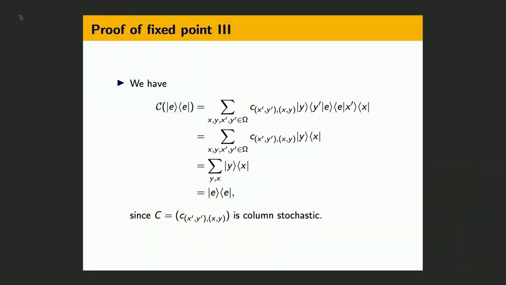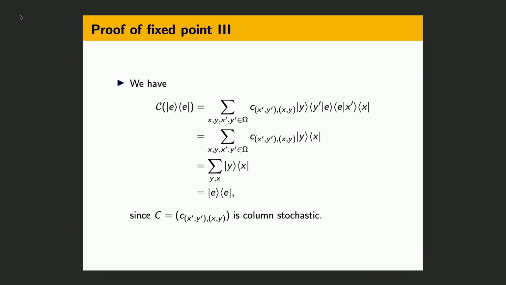So this y prime and x prime expression just disappears. If you are somewhere, you must go somewhere, because this is a stochastic matrix, so you cannot lose probability mass. This is why you just get 1 when you sum over x prime and y prime. So this all ones matrix is a fixed point of this map C.